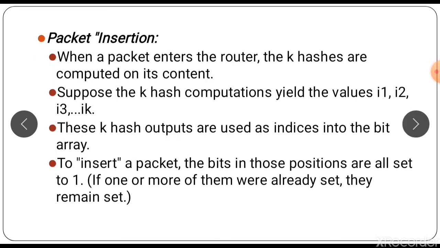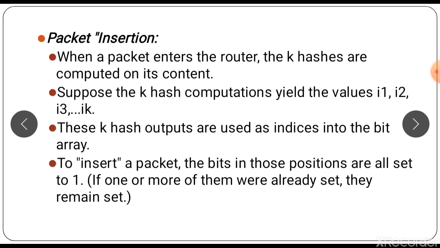Now we'll see how packet insertion takes place. When a packet enters the router, the k hashes are computed on its content. To speed up the computation, the hashes are only computed on the invariant part of the IP header and a small part of the payload, say 10 bytes. Suppose the k hash computations yield the values I1, I2, I3 up to Ik.